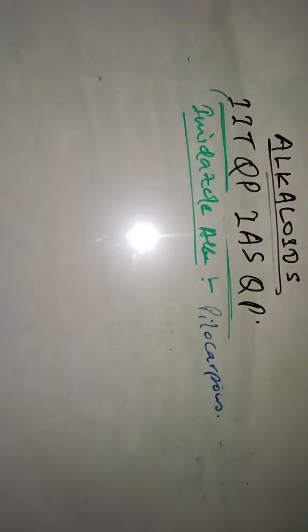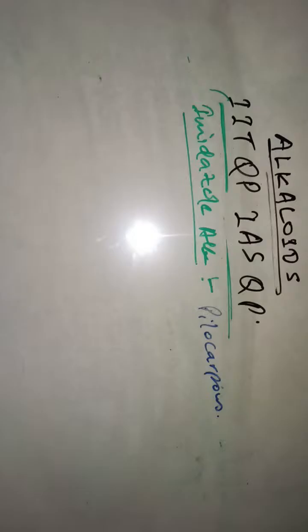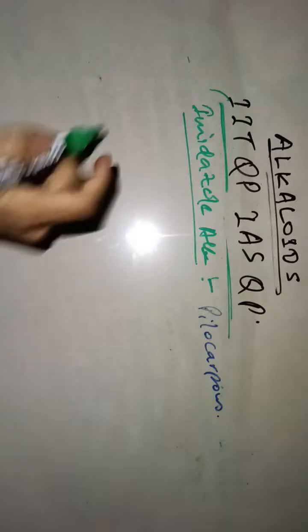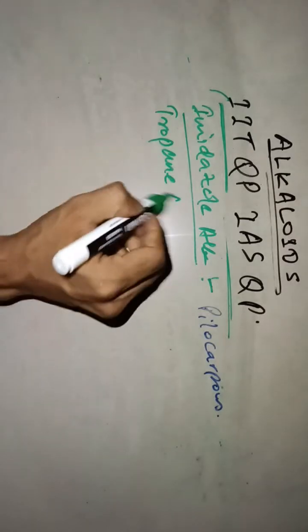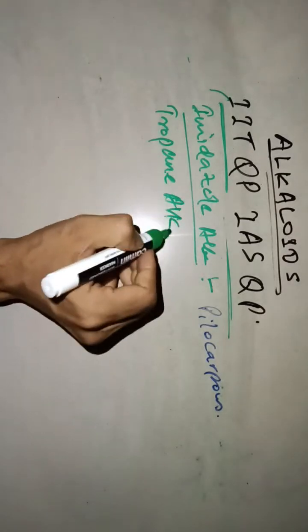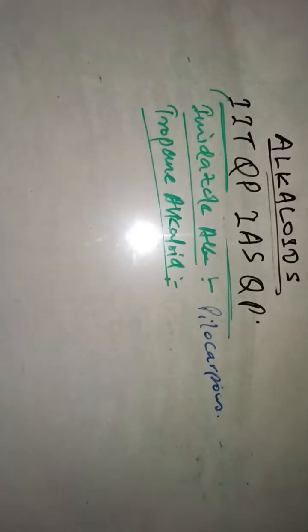Okay. Next, tropane alkaloid. The example of tropane alkaloid is very easy. It is called SBH DDC. What is SBH DDC?